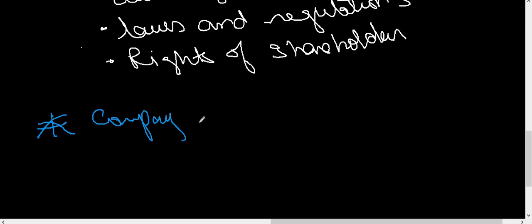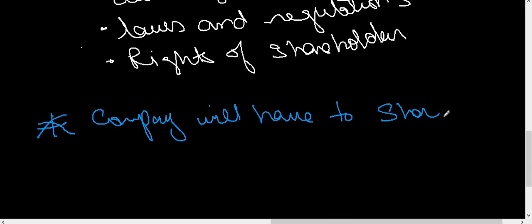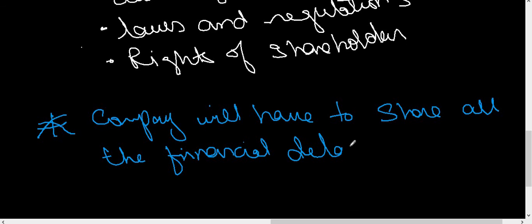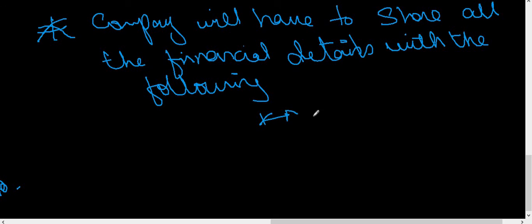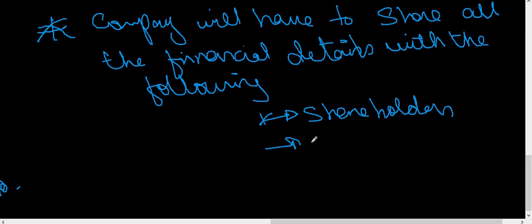Company will have to share all the financial details with the following: shareholders, of course, because they're the owners, and government regulatory bodies.